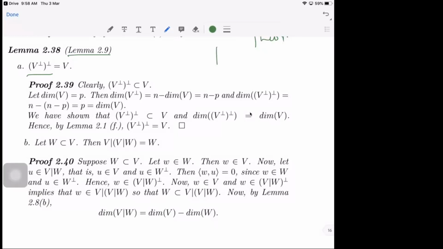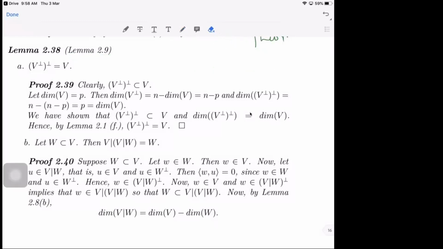So remember, you can always relate it to the X and Y axis. So if this is your V, this is your V perp. If you take the perp of this, you go back to V, right? Okay, so V perp perp is equal to V.